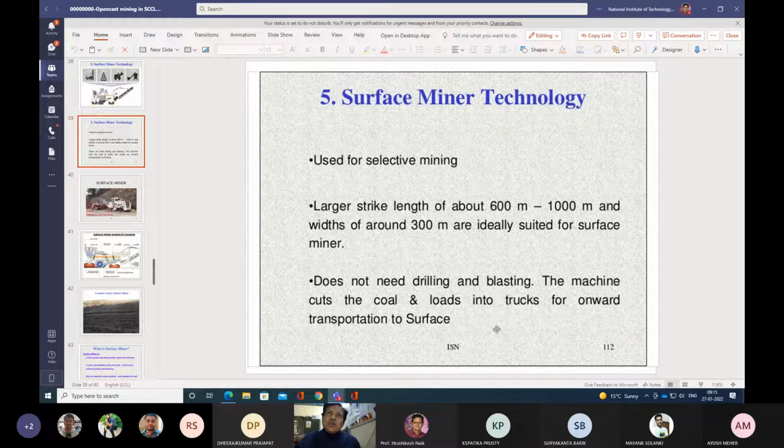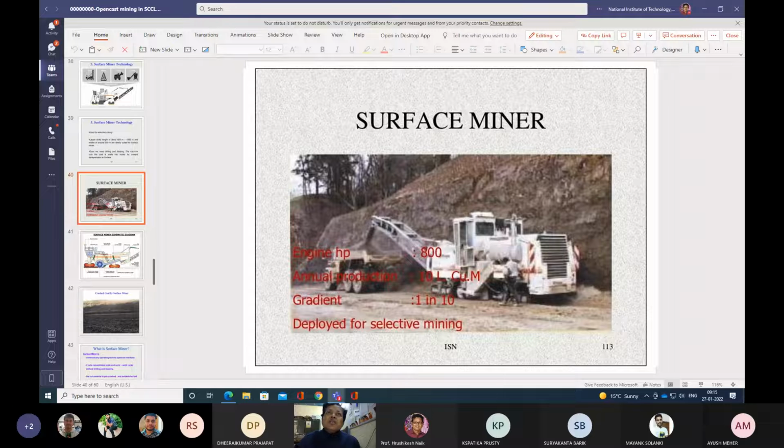So this is the surface miner technology. Let us see the machine. This is the surface miner machine, the layout or the diagram of this surface miner equipment.